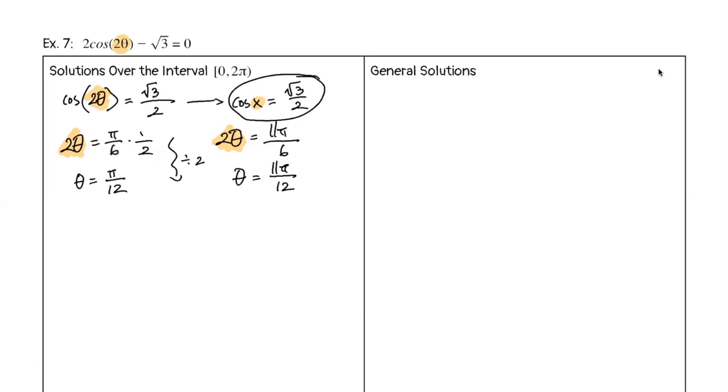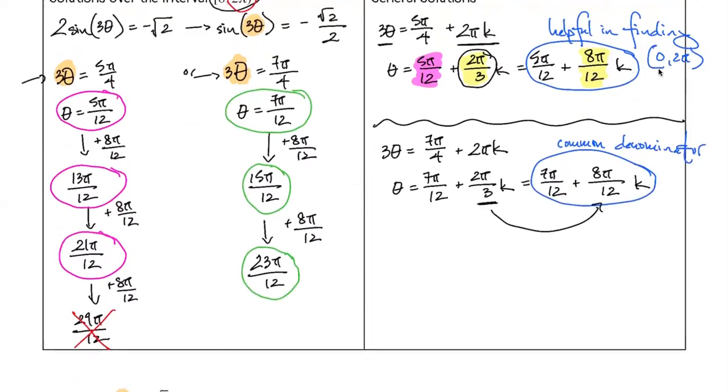Okay, so back to our question, how do we figure out how many other solutions we have going one time around the unit circle? Maybe let's take a look back at what we did up here.